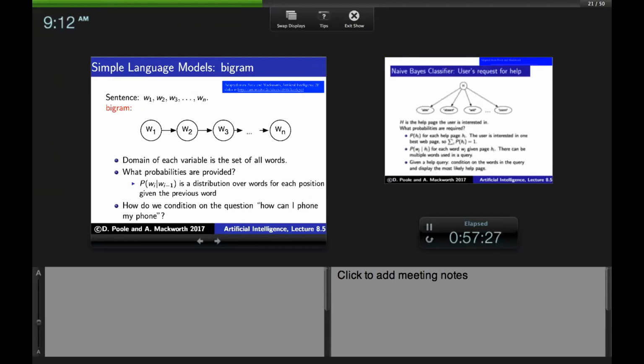Language is discussed in this chapter, and it's interesting. It's the only place that we'll actually talk about language processing. But language, sentence structure and generating sentences can be viewed as a Markov model, or at least a sequential model. Here is what's called a bigram. This is essentially a Markov representation of generating a sentence in which the first word of the sentence is followed by a second word, is followed by a third word, followed by an nth word.